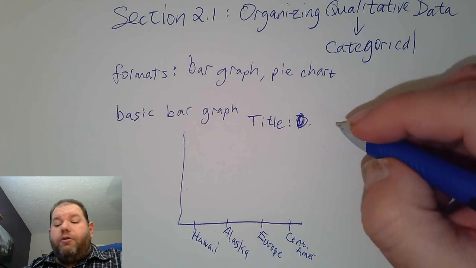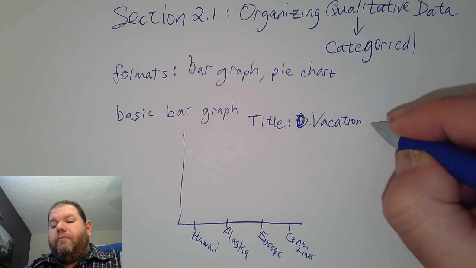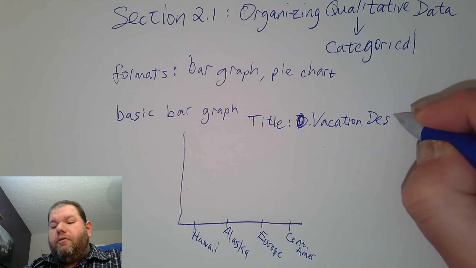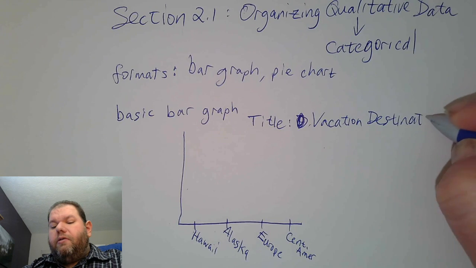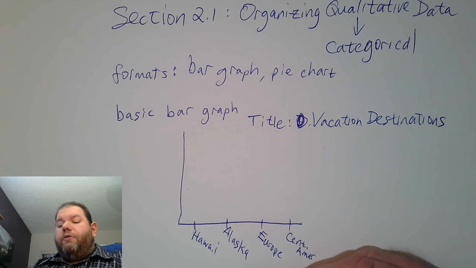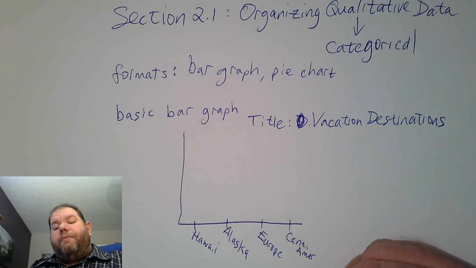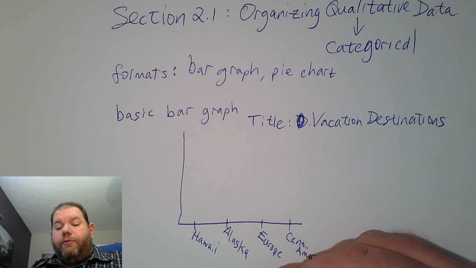Maybe we can be a little bit more descriptive. And so we want to make sure we label this axis, so we will say locations is a good way.